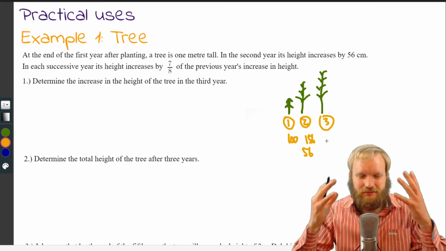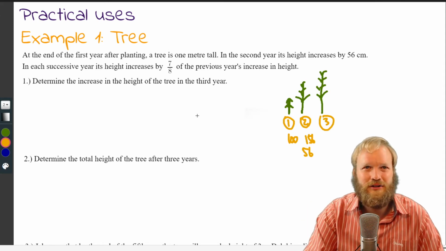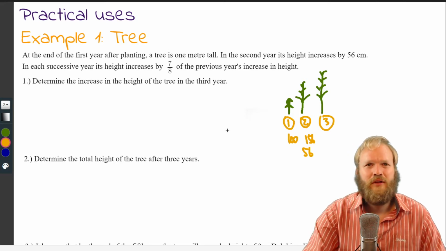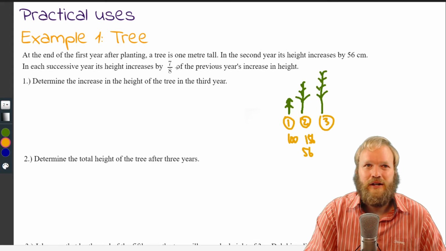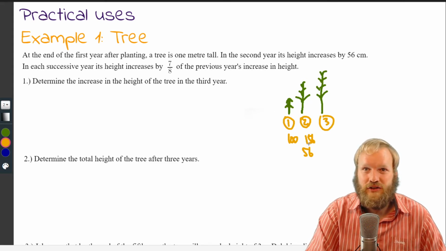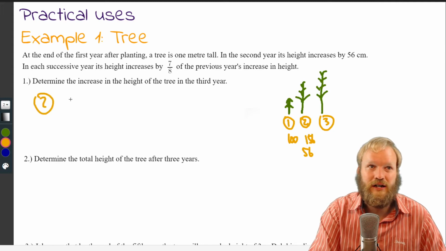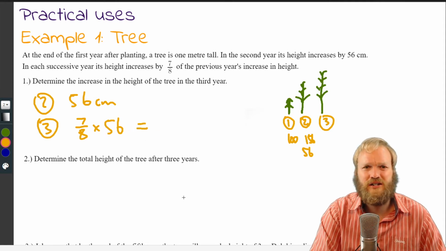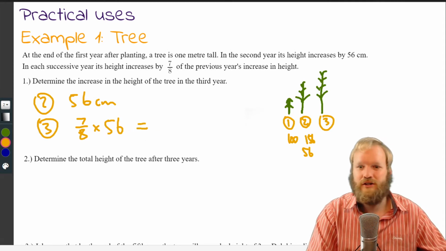Oh, there's quite a lot going on. Maybe you're thinking, sure, there's a lot to wade through here. It increases by 7/8 of the previous year's increase in height. So in year 2, it increased by 56 centimeters. So in year 3, it's just going to increase by 7/8 of 56, which gives us, well, that actually works out quite nicely, but you know what?